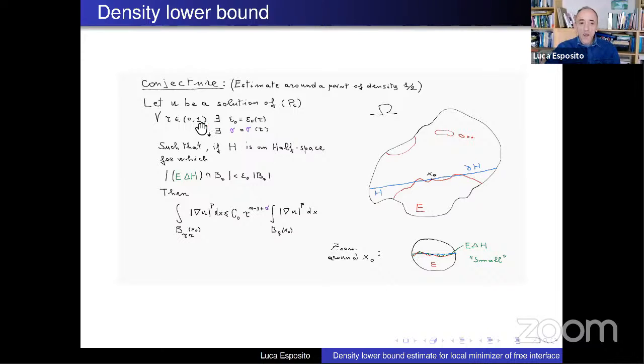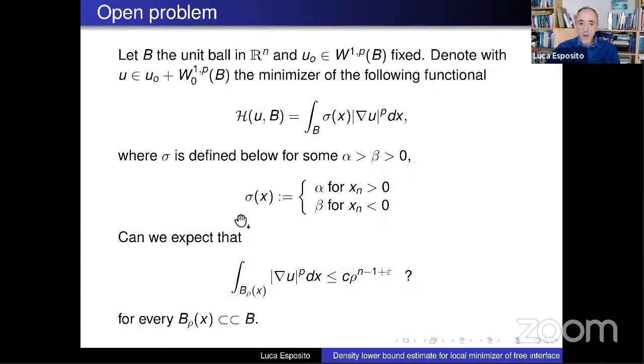Can you prove that when this difference is small, then around that point the bulk energy decays in a good manner? We do not prove this, because we are not able to prove this fact.